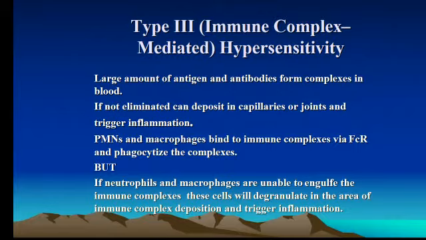But if neutrophils and macrophages are unable to engulf the immune complexes, these cells will degranulate in the area of the immune complex, depositing and triggering inflammation.